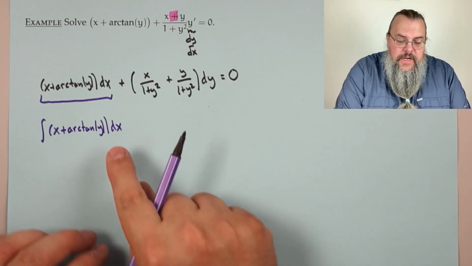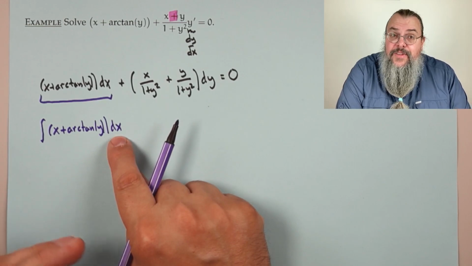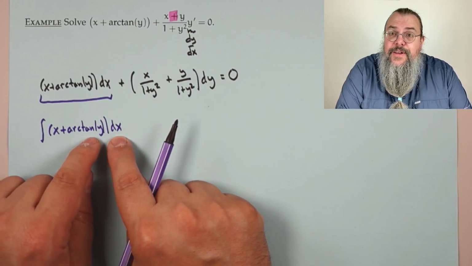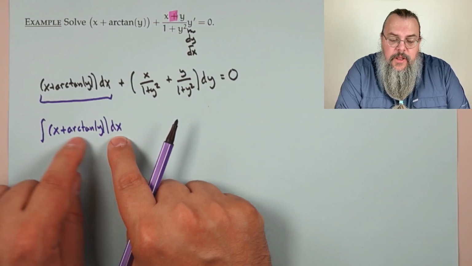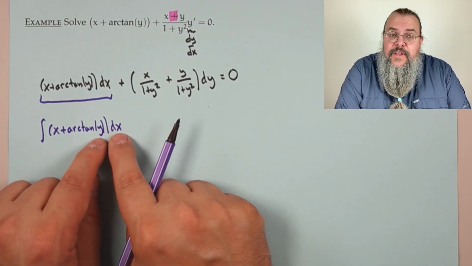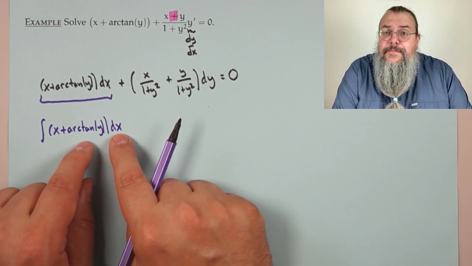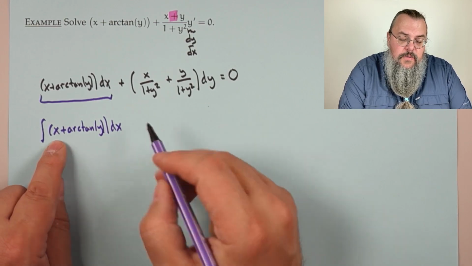So because we're integrating dx, we treat x as the thing that varies, which means that y we treat like a constant. So arctangent of y looks terrible, but because we're integrating with respect to x, that's just a big constant. So when we do the integral, what do we have?